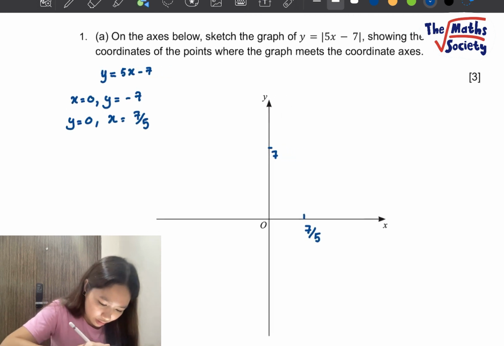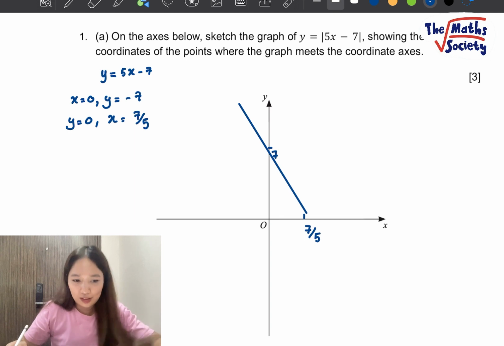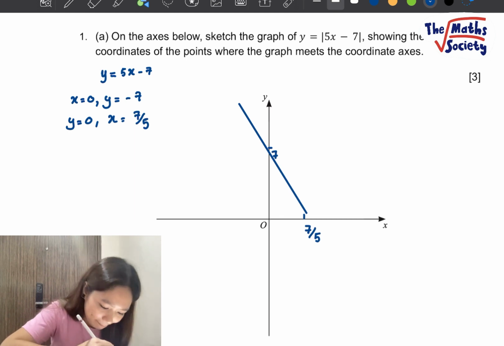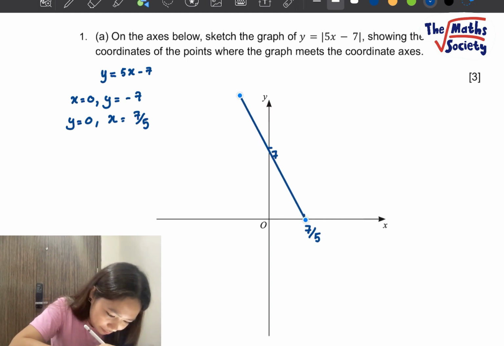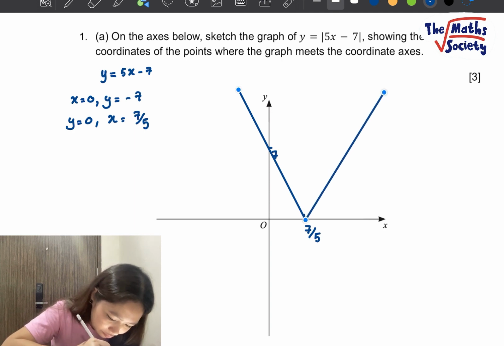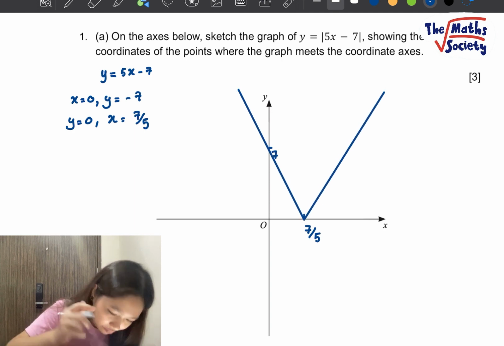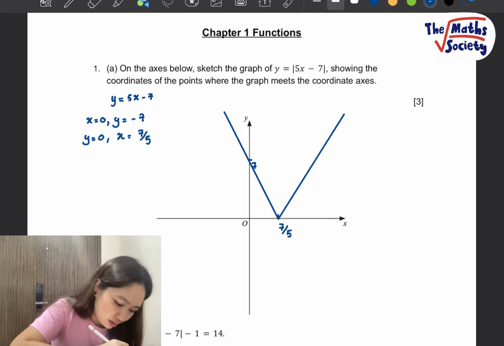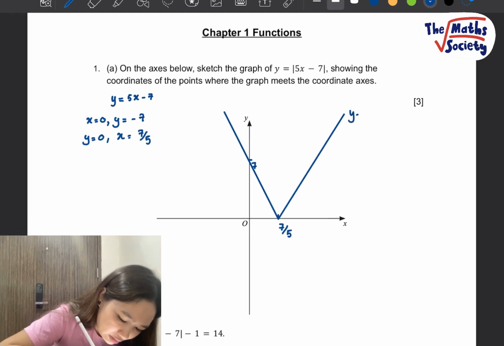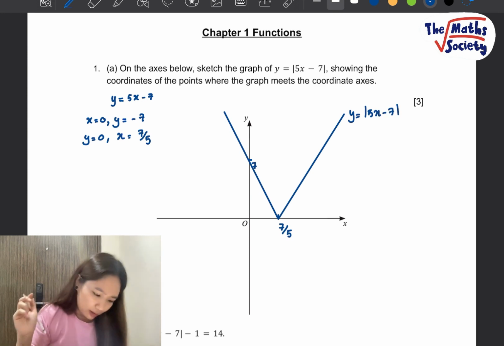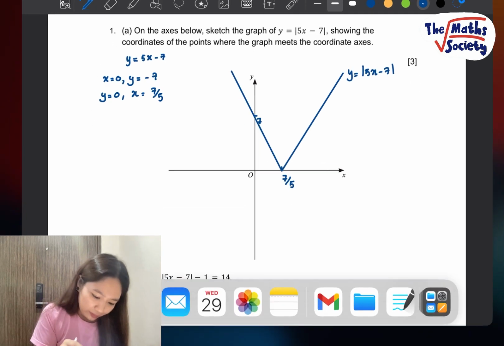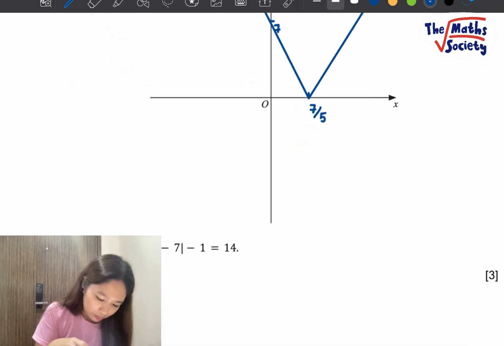Then I'm just going to connect those two. Okay, and that's it. This is my y equals modulus of 5x minus 7 graph. And that's it. So let's go to question number 2, B.